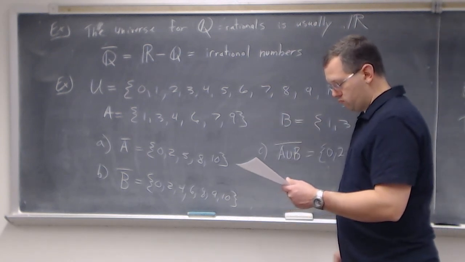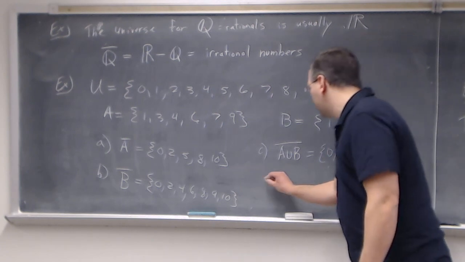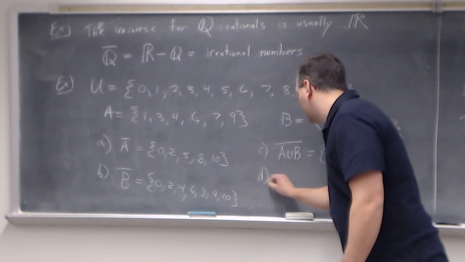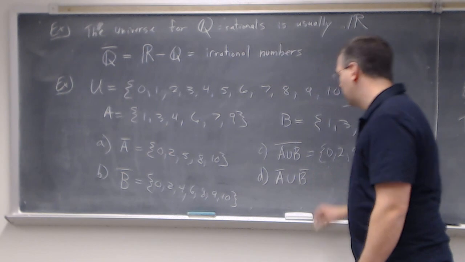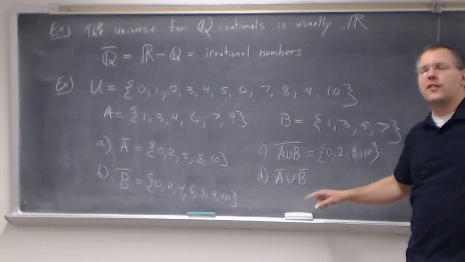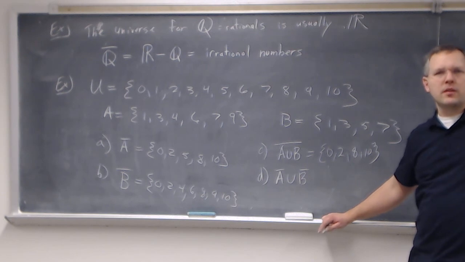How about, let's see, what if, hold on a second. What if I split it up and did the complement of A union the complement of B? Is that the same as this? Do you get the same thing?